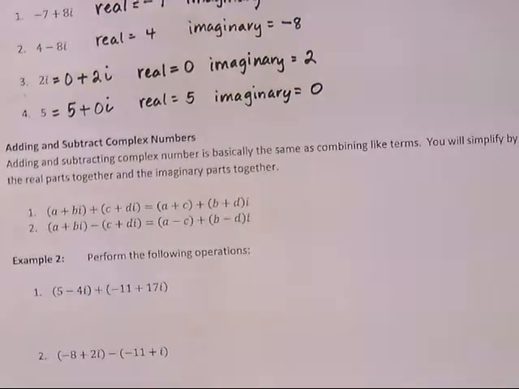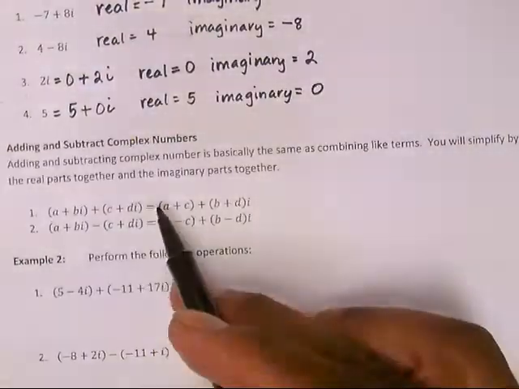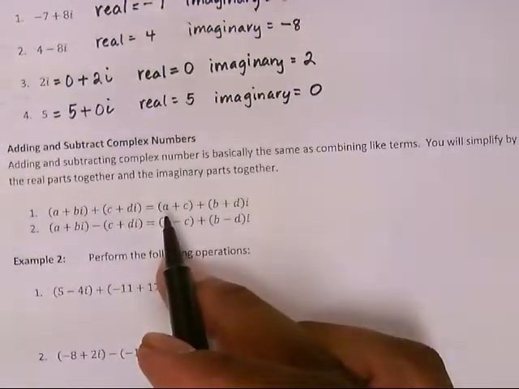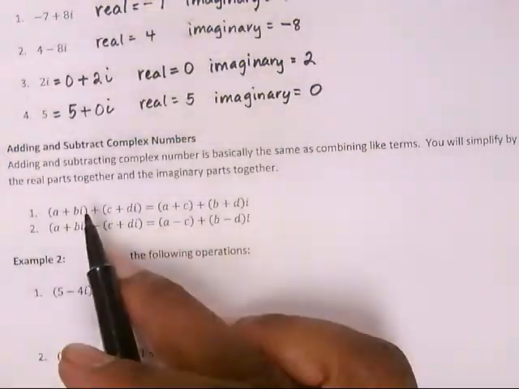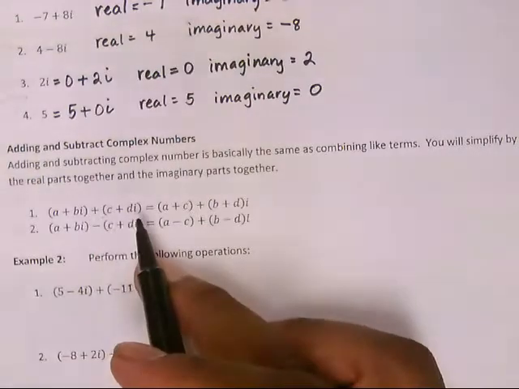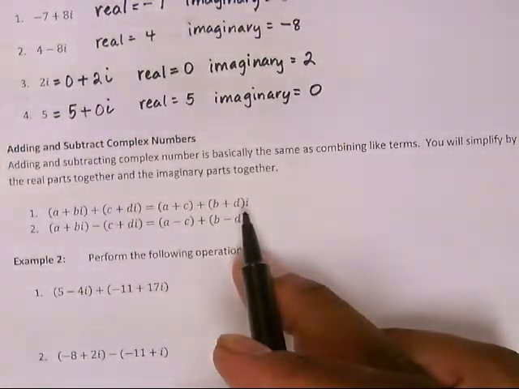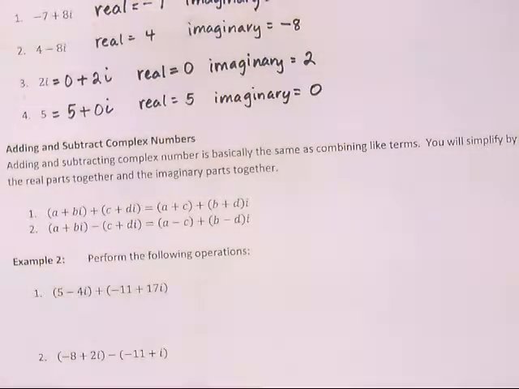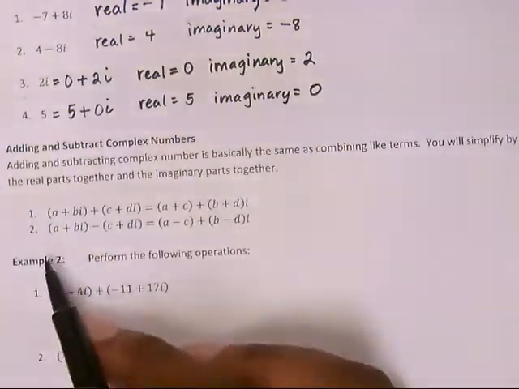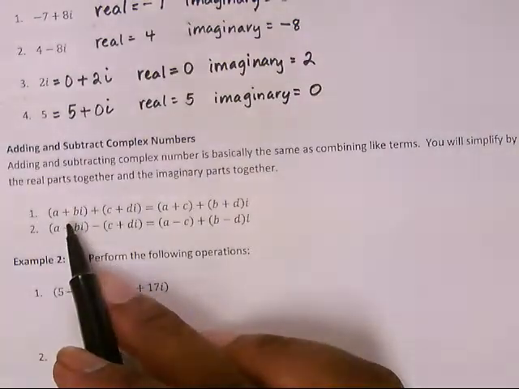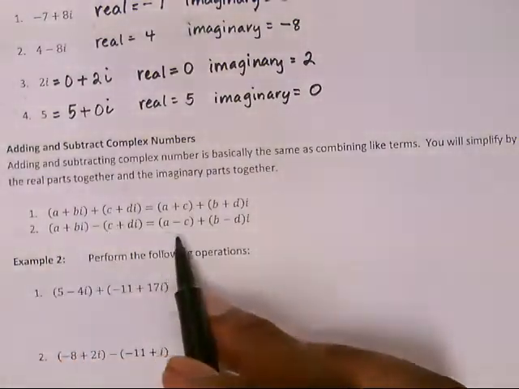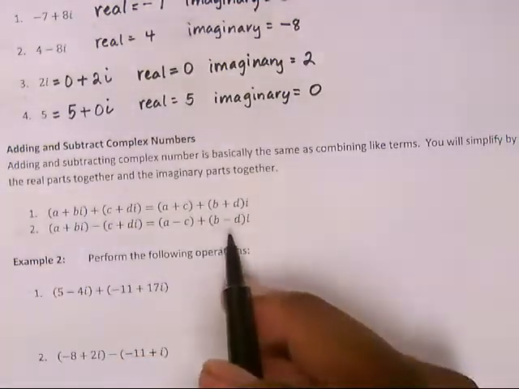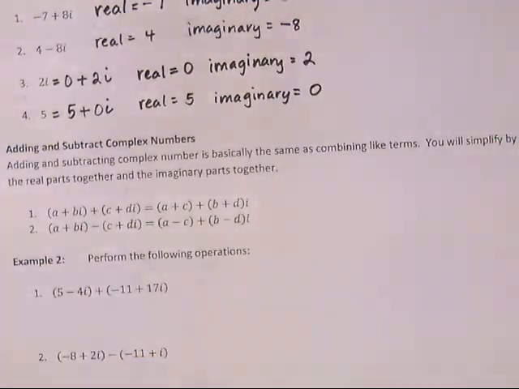So here if I have a plus bi plus c plus di, here I add the real parts a and c together for a plus c, and the imaginary parts together, bi plus di, that will give me b plus d with the i behind it. And then for subtraction, we subtract the real parts, a minus c, and then subtract the imaginary parts, that would be b minus d with the i behind it.